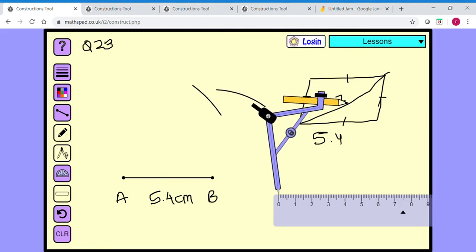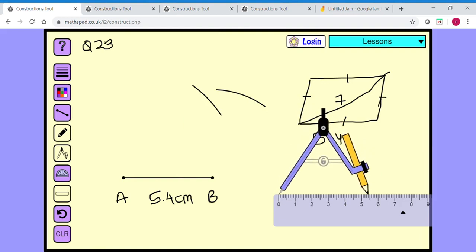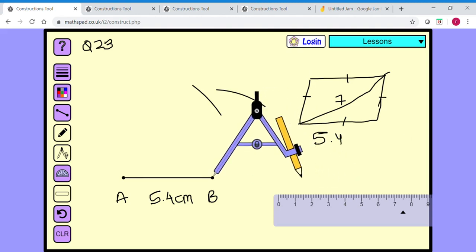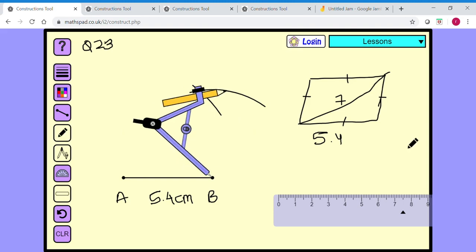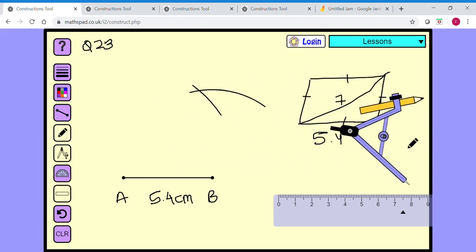So let me increase the length of my previous arc, which is 5.4. Done. I keep it at B and increase my previous arc, which was of 5.4. Perfect. So now I have found point C, which is at a distance of 5.4 from B. Now I need to find point D.